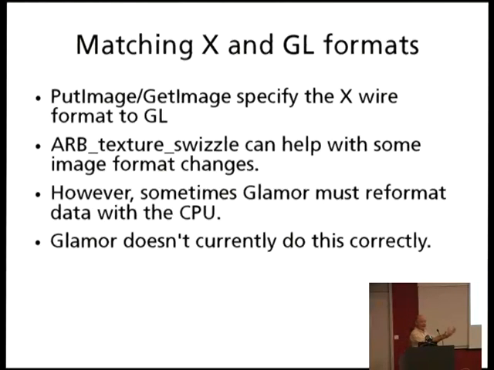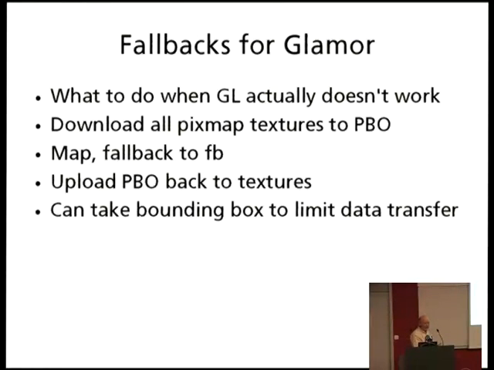So I actually have to take my Pixmap, suck the data back down into the CPU, change the labels that I'm going to use to call what data it is, and put it back into the texture, or create a new texture. Glamor does not do this correctly today. So that's one of the big limitations of Glamor right now, is we have a horrible mess with certain applications doing render stuff.